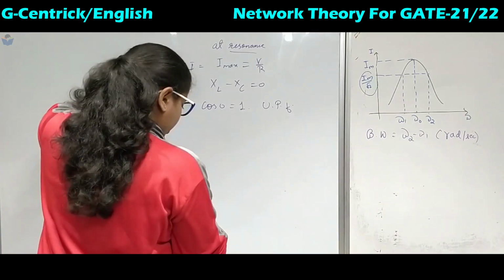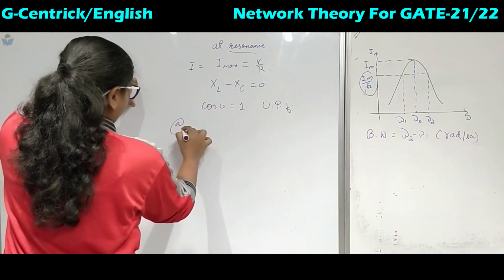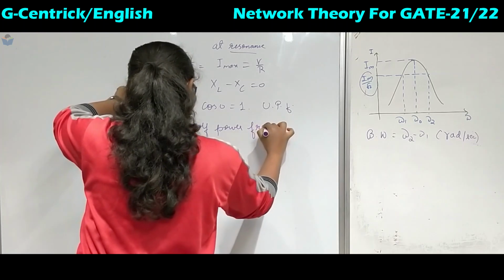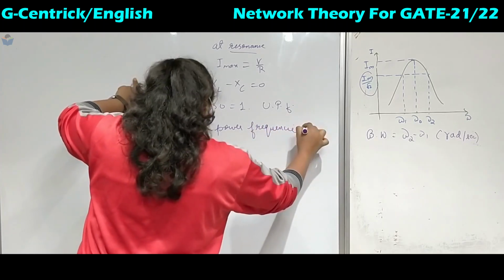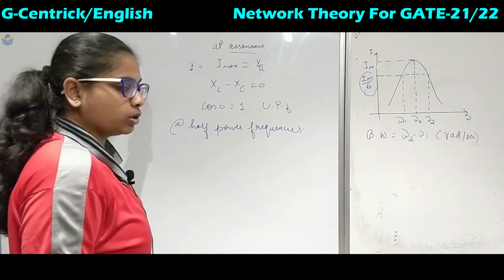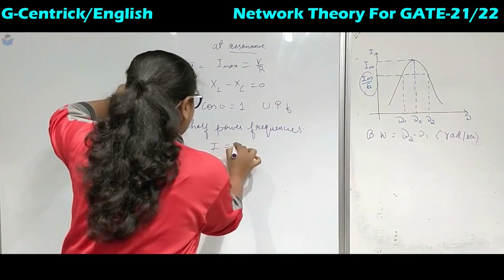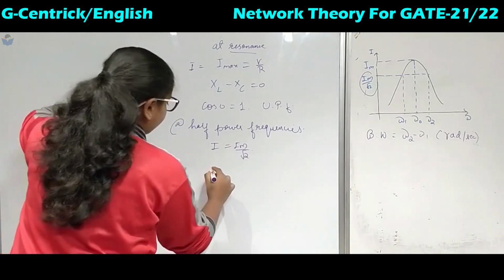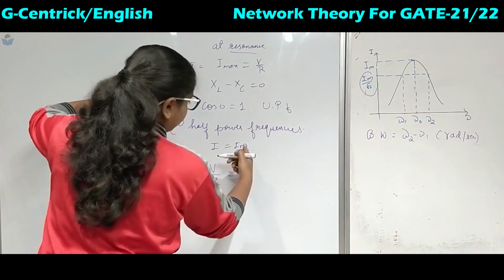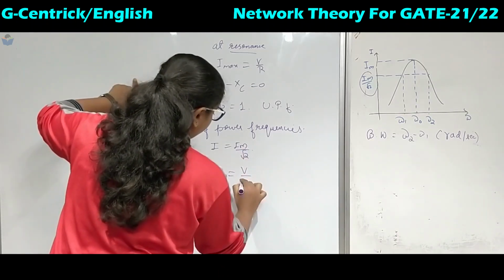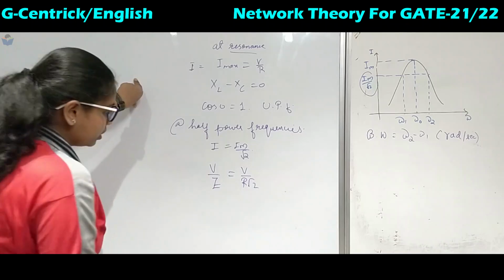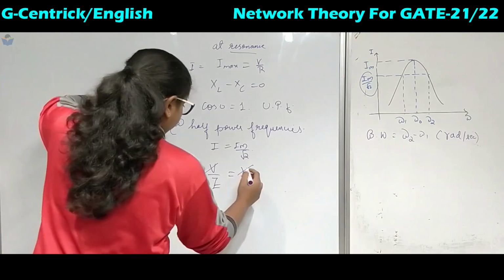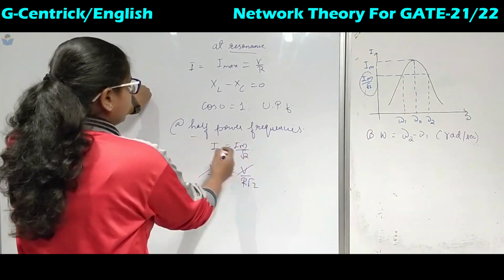Now coming to the half power frequencies, we will take half power frequencies. In this case, I will be equal to I max upon root 2. I can write this I as V by Z, and this I max as V by R. So this V and this V get cancelled.